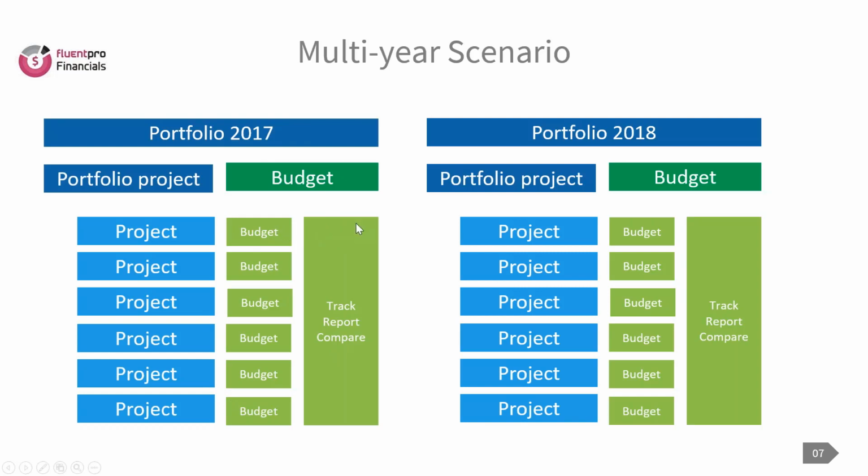Both approaches have cons and pros. It's really up to your company how to run your projects, but we support that functionality where you can compare the budgets for the portfolio project, which is just a regular project with a budget attached to it, versus the summary of multiple projects that are part of the portfolio.